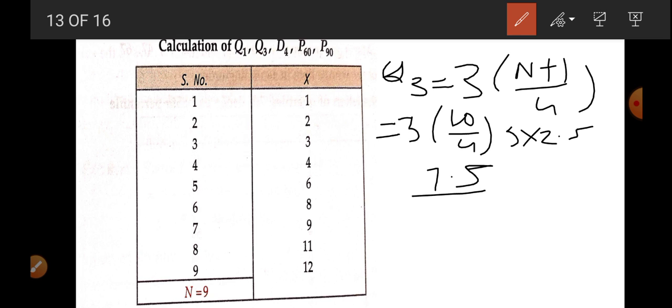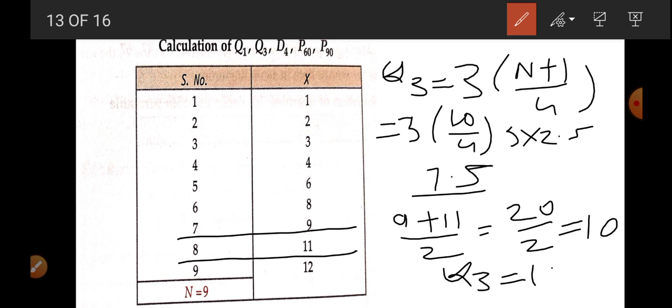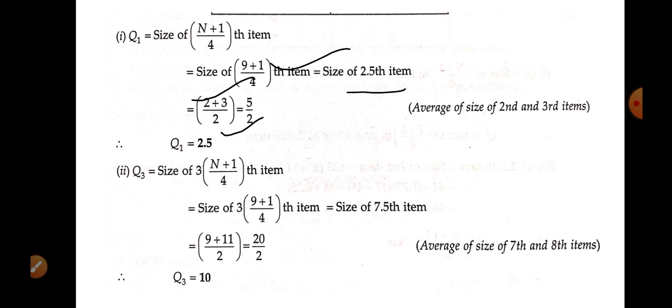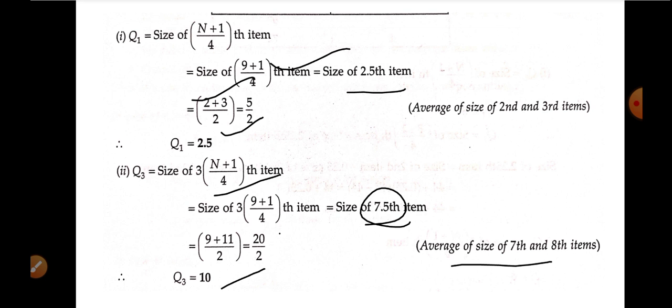So 7.5 means the size of the 7th item and the size of the 8th item. Okay. So 9 plus 11 upon 2, so it becomes 20 upon 2, that is 10. Q3 becomes 10. Okay. Here you can see, n plus 1 upon 4, times 3 gives 7.5, and we have to take the average of the 7th and 8th items. So we get Q3.